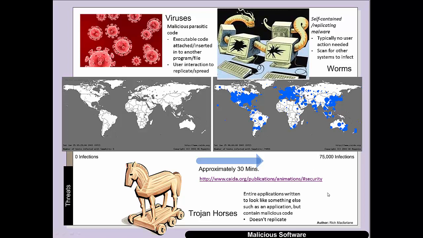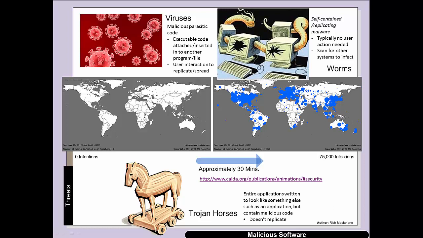So Trojan horses are another type. A virus tends to be parasitic code, as part of or injected into another piece of code. Worms tend to be separate and self-contained, and Trojans are basically some sort of malware which has been written to look like something else, such as a system file or an application itself, and typically doesn't replicate.